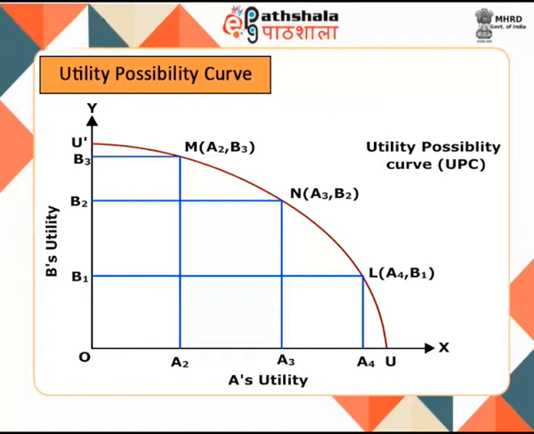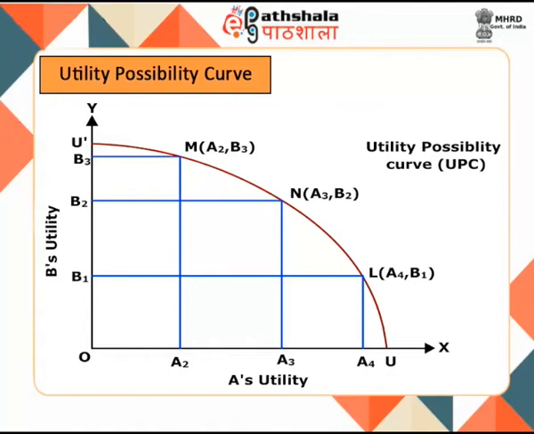For example, point P is inside the utility possibility curve and hence shows an inefficient allocation of X and Y commodities between individuals A and B.